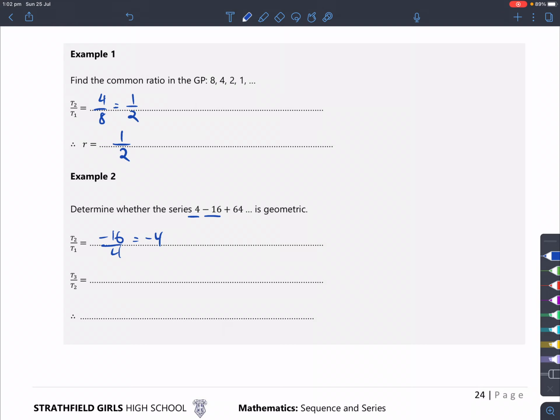Now, if I then get term 3 divided by term 2, I get positive 64 divided by negative 16, and that is still negative 4. So therefore, the series is geometric only because these two ratios are the same. Okay, so we can say the series is geometric. Right, moving on.